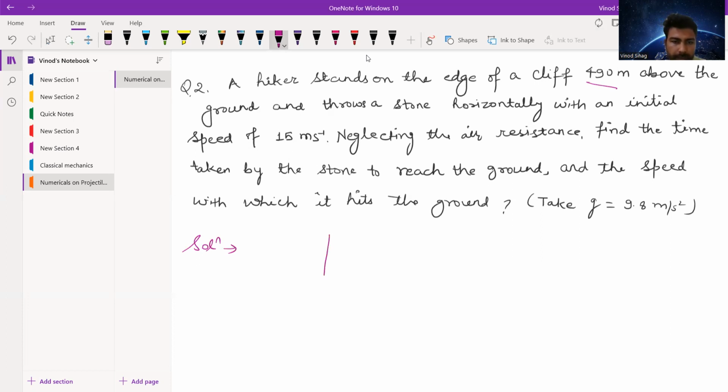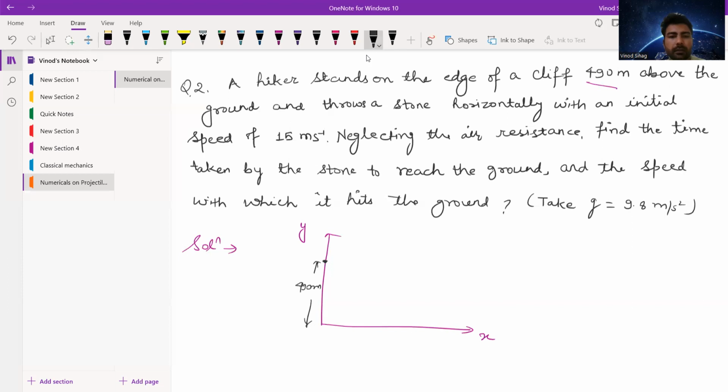The coordinate axes will be the same, y-axis and x-axis, and this time the stone is at some height h. For example, I'm writing here the height is 490 meter from the ground.